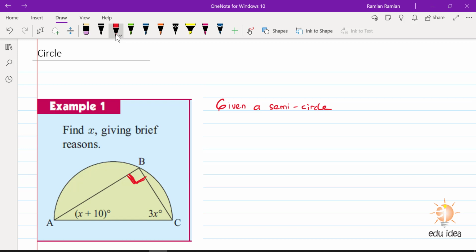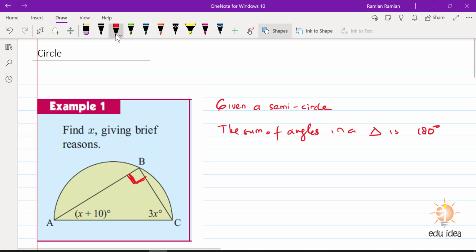So if we have this 90 degrees, we can use the theorem that the sum of angles in a triangle is always 180 degrees. We already learned about this in grade 7.